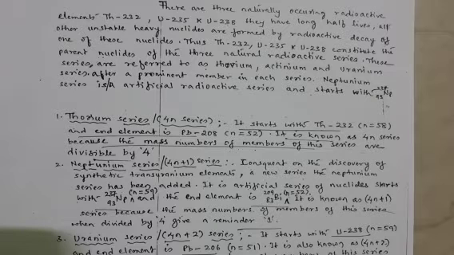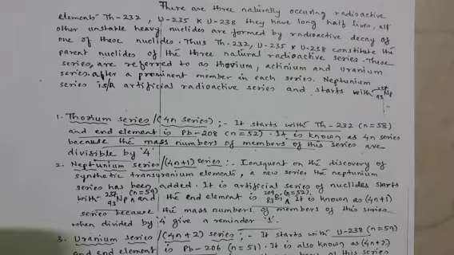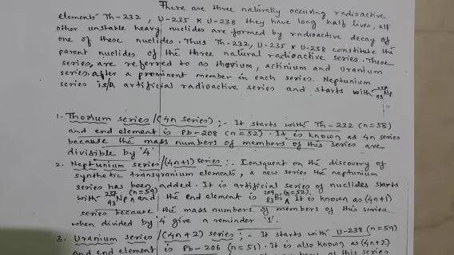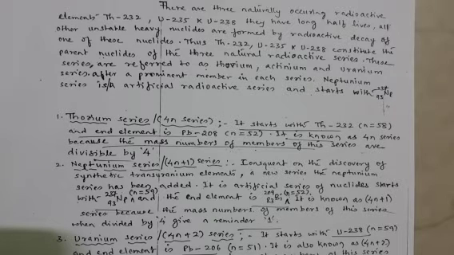Besides these, the neptunium series is also an artificial radioactive series and starts with neptunium-237. First let us see the first series, that is the thorium series, also called the 4N series.